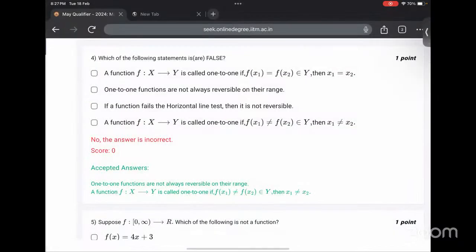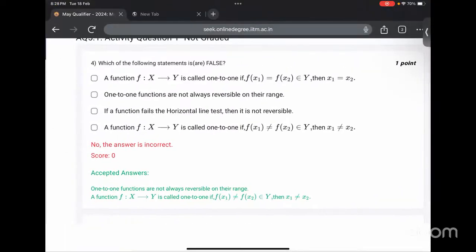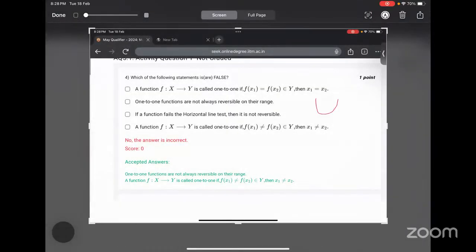Can you explain why f of x equal to x square is not a one-to-one function? You can check it with the horizontal line test. x square gives a parabola, so if you draw any horizontal line, it will cut the graph at two different places.